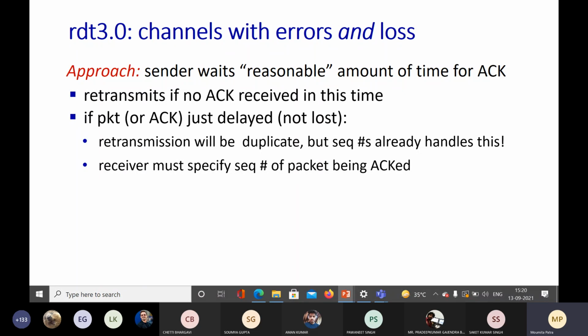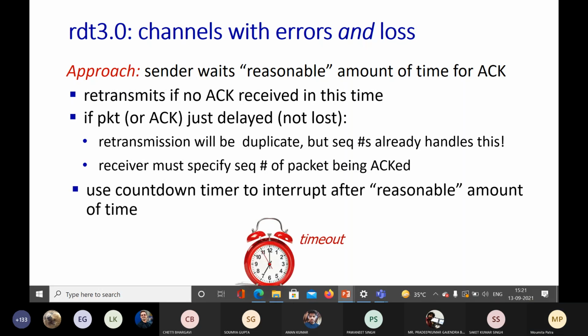Okay, if it sees that there are duplicate packets, it will simply not consider it for decapsulation for the upper layers, because it's not needed. The correct packet has already been received. That is why the receiver must specify the sequence number of the packet for which it is sending the acknowledgement number.